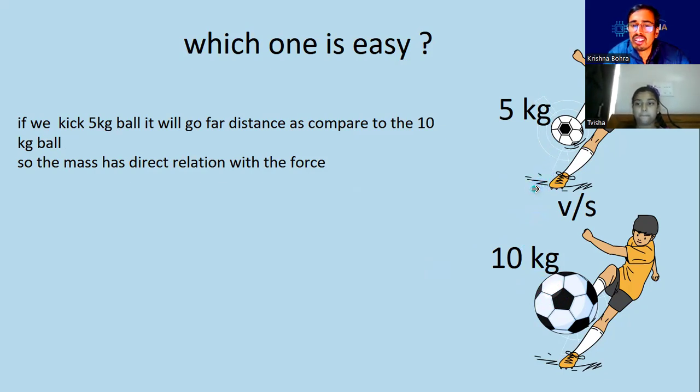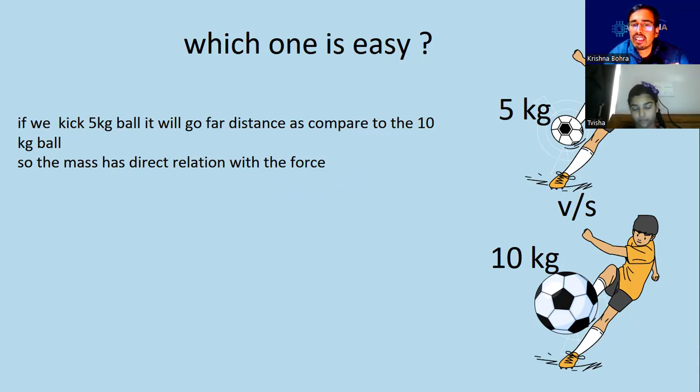And now the question is, because we are applying force to the ball, my question is, does mass have anything to do with the force? Yes, it has. So you answered it right. You say the 5 kg ball is easier to kick. When we are kicking, we are applying a force. The 5 kg mass is easier to kick, while the 10 kg mass is heavier to kick.